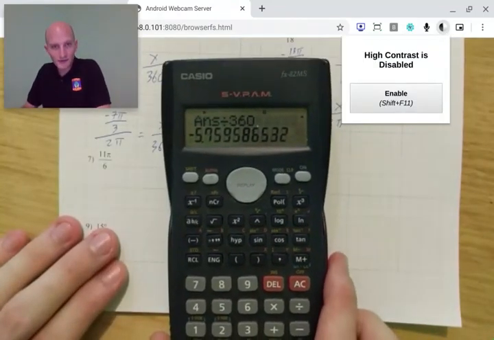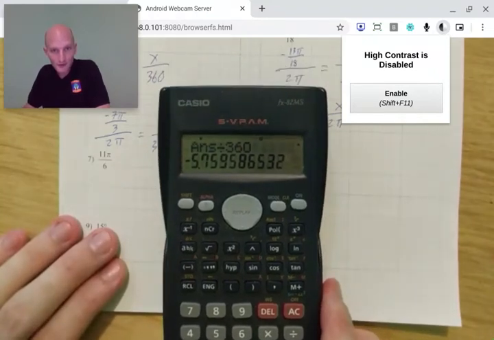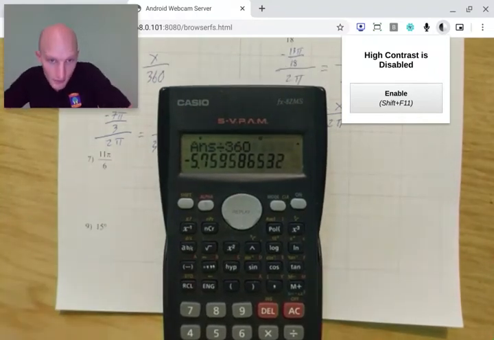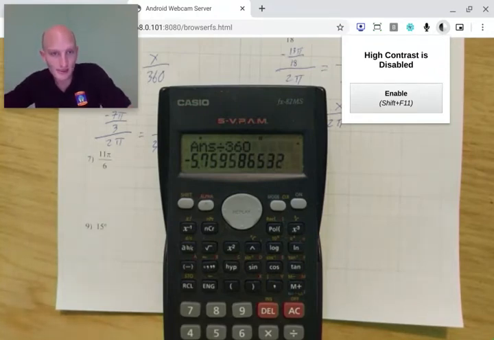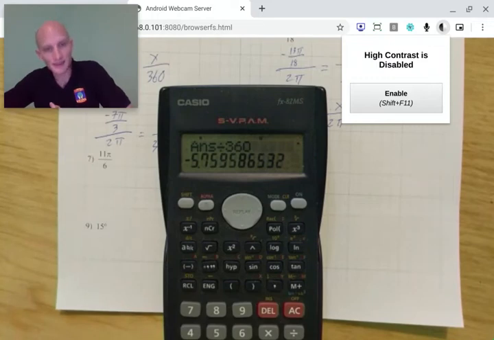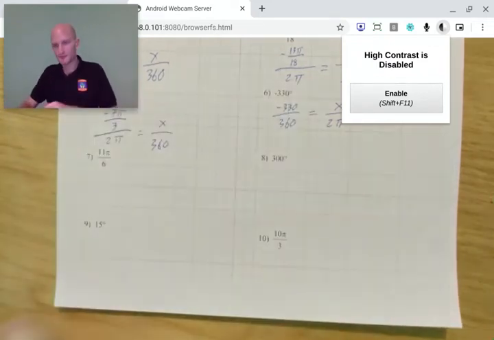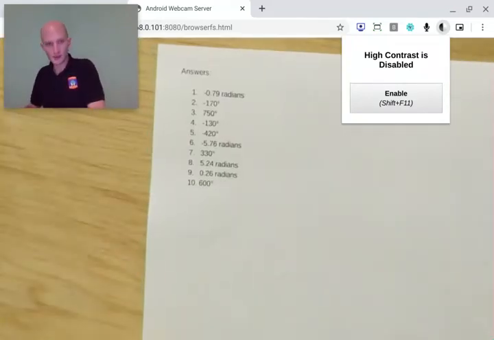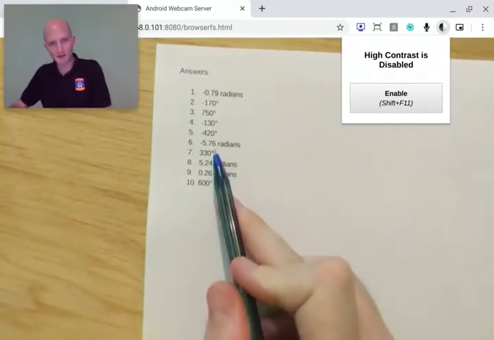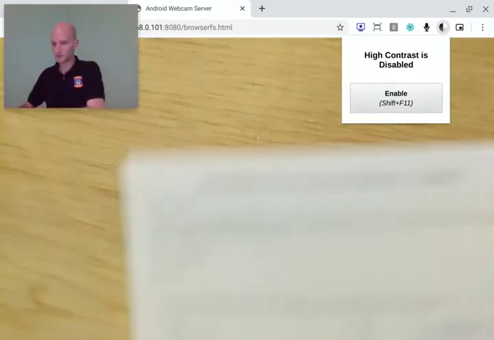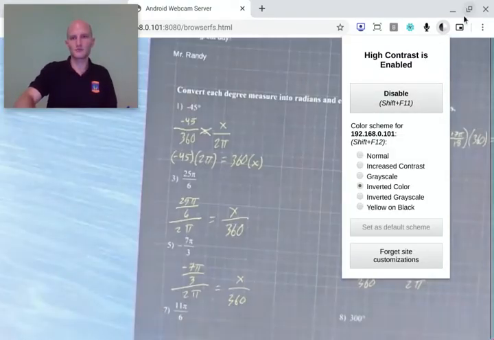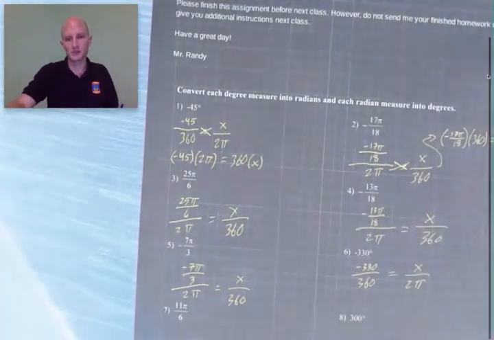I get negative 5.759586532. So what is this rounded to the hundredths? Is it negative 5.75 or negative 5.76? It's negative 5.76 because the 9 makes the 5 turn to a 6. Okay. Negative 5.76 radians. Sweet.